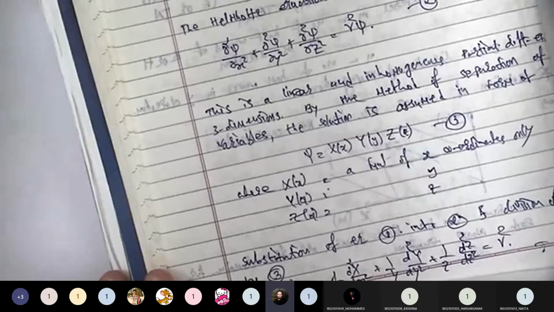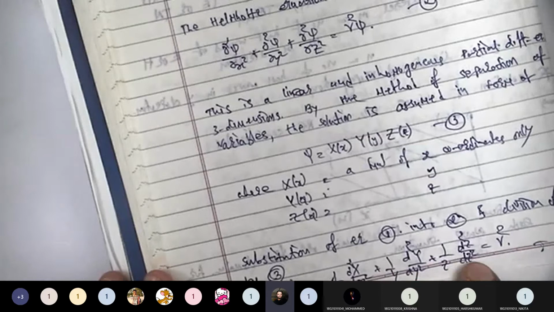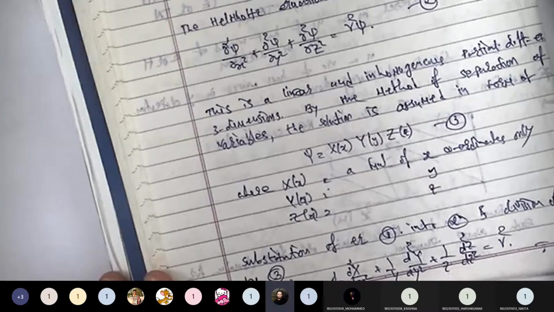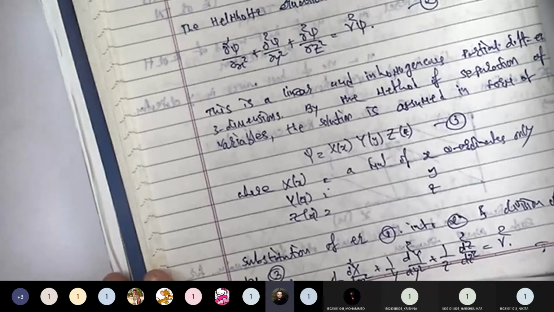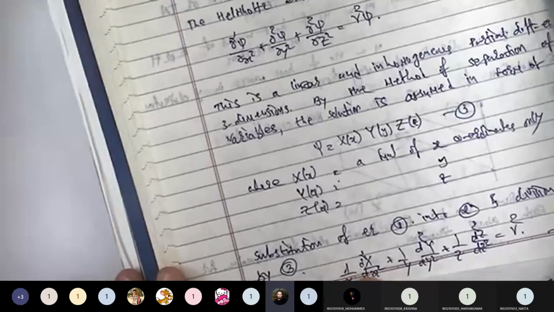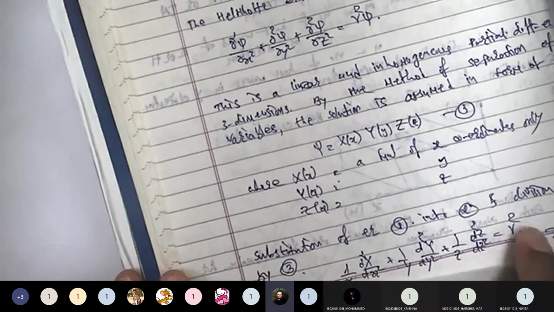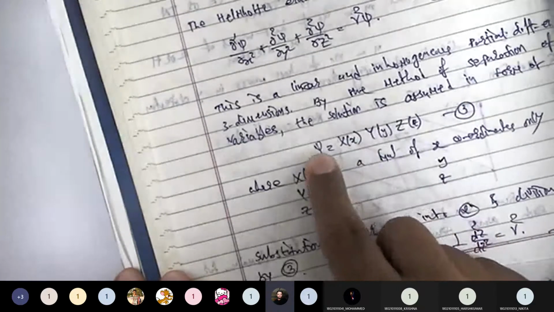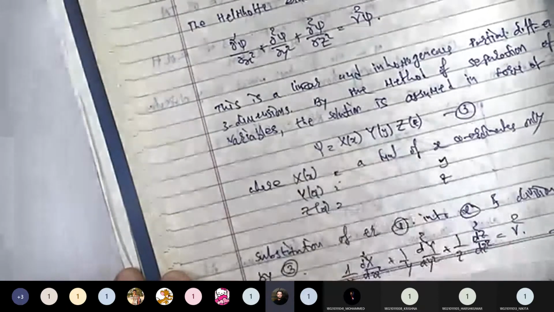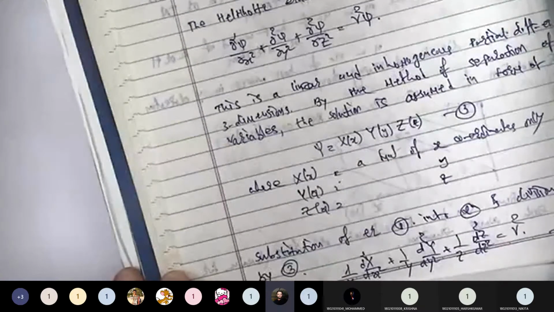These are the three major individual relations, not depending on x on y, or y on z, or z on x. If we can find the individual equation solution of 1 over X d square X by dx square, then simply by combining the solutions of the individual ones, we can find the final solution of this sigma, which is our final interest.